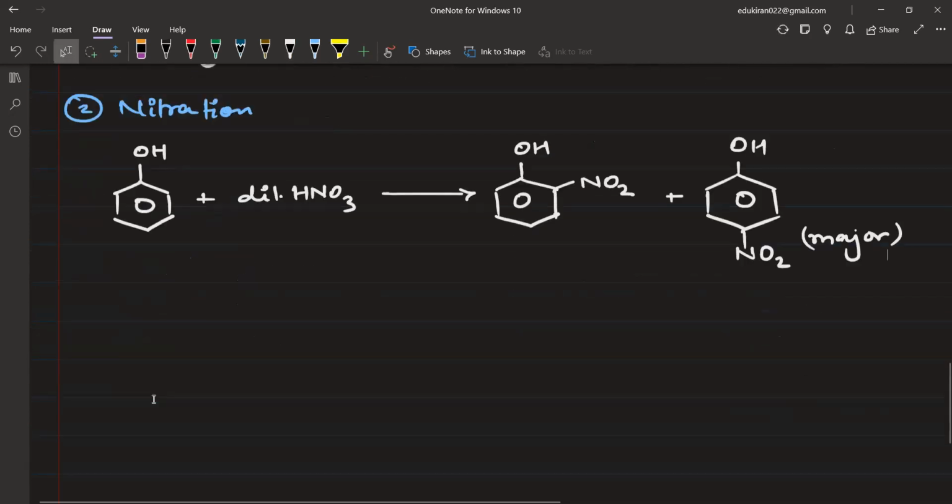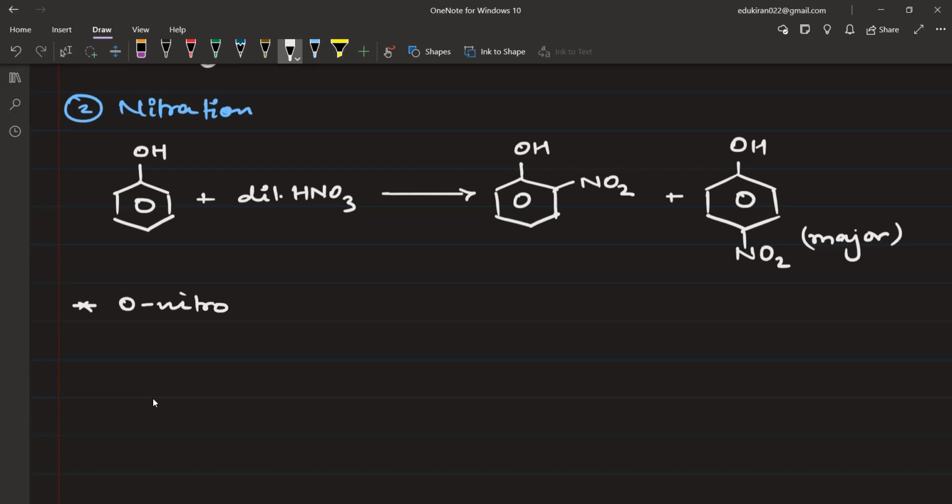Now, in nitration, there is a difference between ortho nitrophenol and paranitrophenol. Okay. What is the difference? Ortho nitrophenol has intramolecular hydrogen bonding, and paranitrophenol has intermolecular hydrogen bonding. Okay, so please write here.